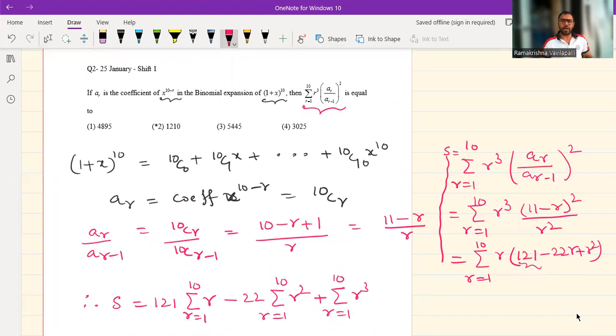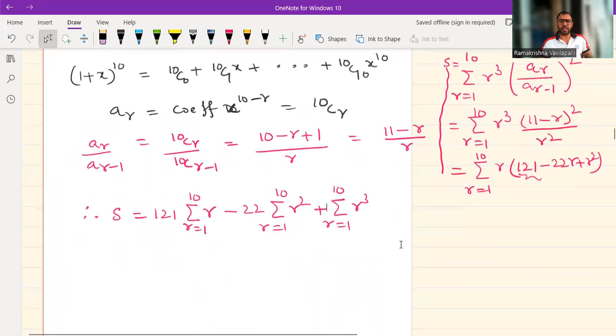So the only part left is that we must be aware of the sigma r, sigma r square and sigma r cube formulas. So I'll write here that sigma r, r equal to 1 to n, the sum of first n natural numbers, is n into n plus 1 by 2.